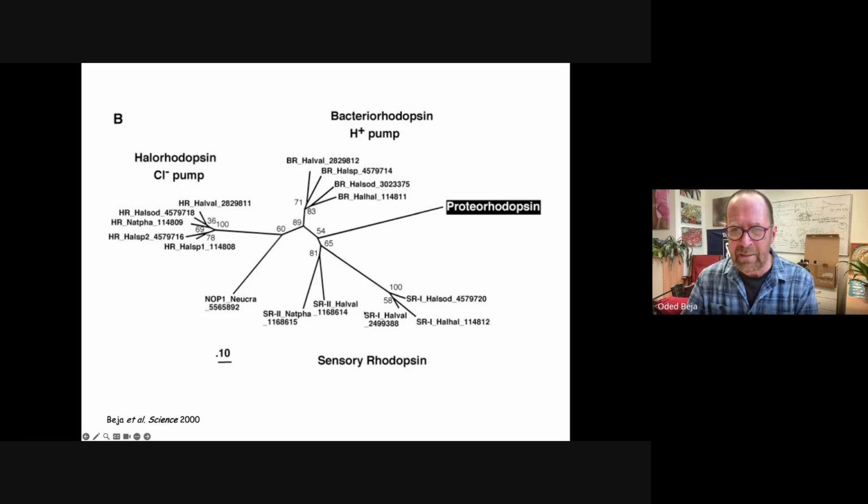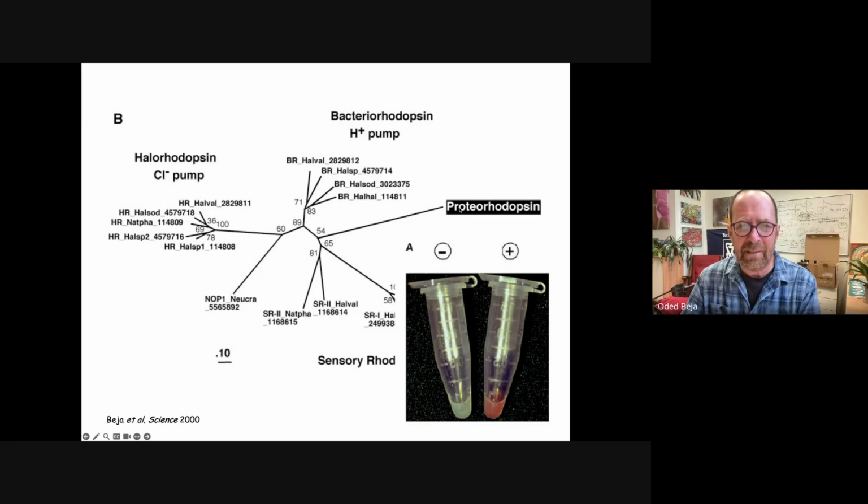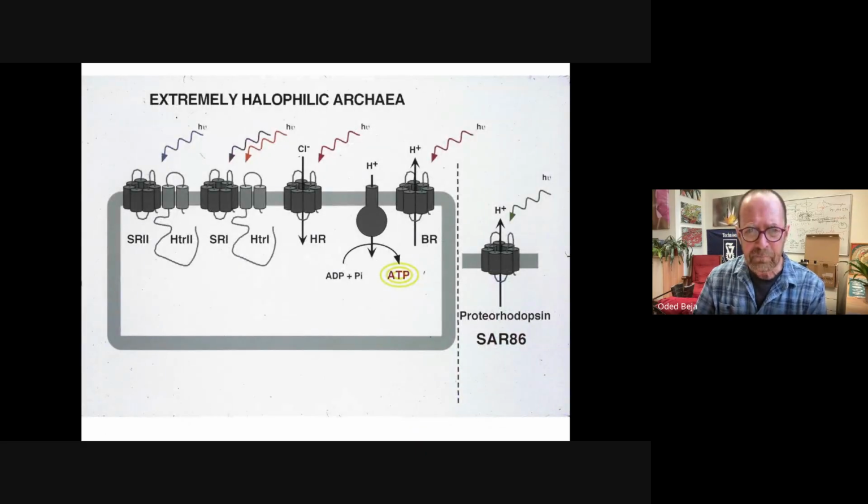And what's nice with the rhodopsins from bacteria is that you can easily express them in E. coli and study them. So here you can see E. coli expressing rhodopsins, and the chromophore for those rhodopsins is all-trans retinal. So you can see the nice color, and then we can really study them and see how they function.